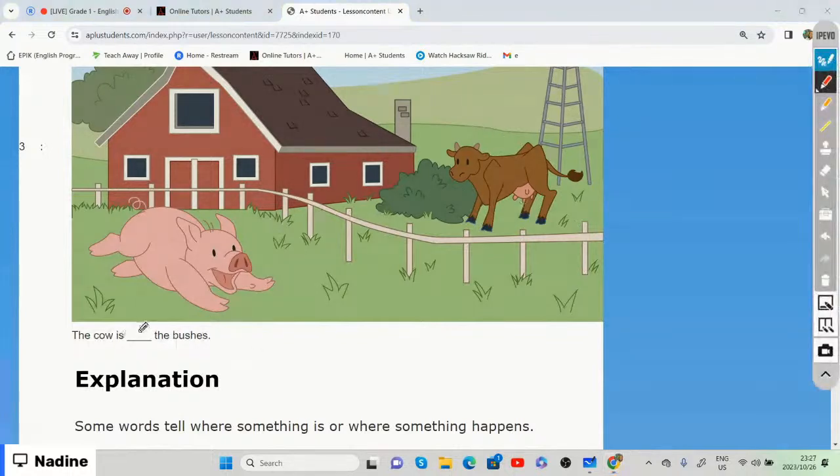So the cow is next to the bushes. So here we said next to.